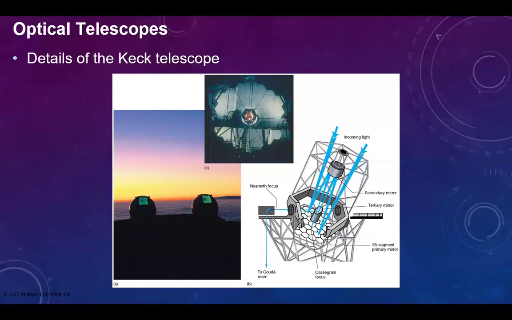And so there's the primary mirror, which is in 36 segments, comes up, hits the secondary mirror, and bounces down to this thing here, which can split the light or can reflect the light out the side to the Nasmyth focus in the Coudé room, which is a particular technique.